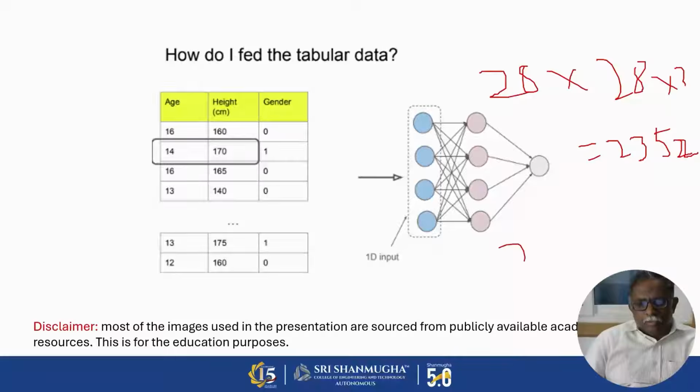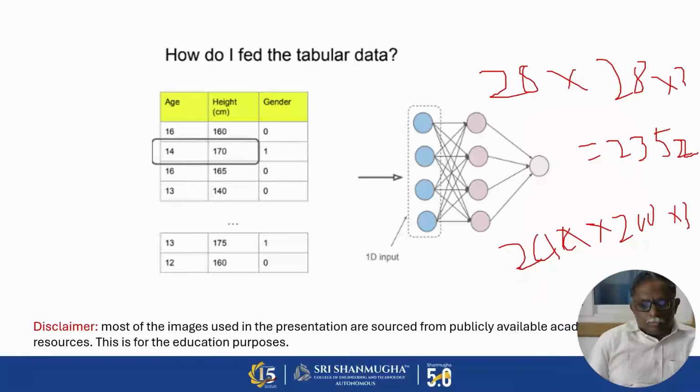Suppose you go for 200 into 200, around 1,20,000 parameters are required for this kind of architecture. So this multi-layer perceptron cannot be used for images and videos.